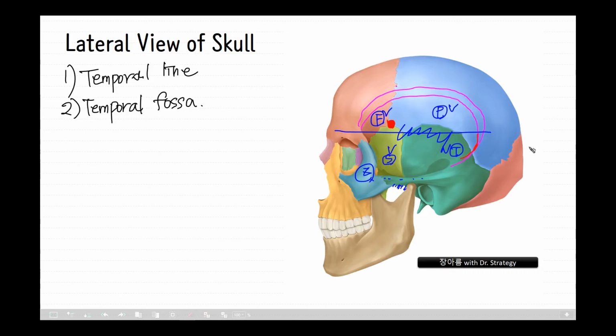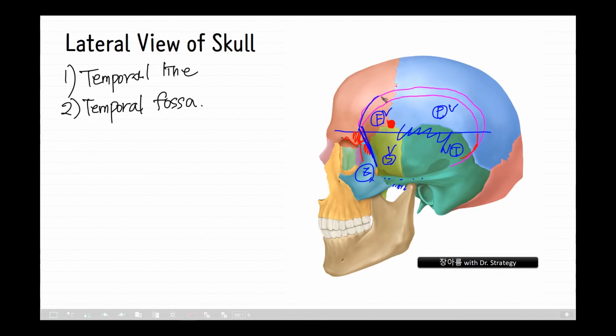The anterior, posterior surface of the frontal process of zygomatic bone. This is the frontal process of the zygomatic bone anteriorly, and the posterior surface of the zygomatic process of frontal bone. This is the zygomatic process of the frontal bone. So it means that this line is the anterior border of the temporal fossa, and the superior is a pair of temporal lines.